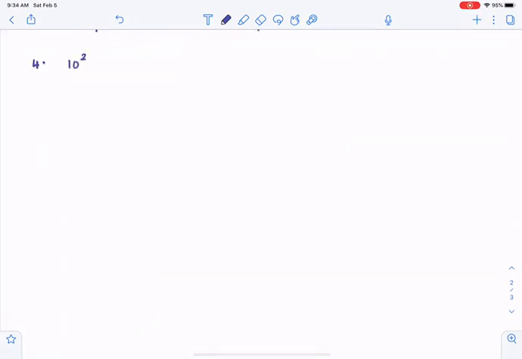So 10 squared minus 100, 5 squared times 2 with a division. And that is my expression. There is nothing to simplify inside the parentheses.